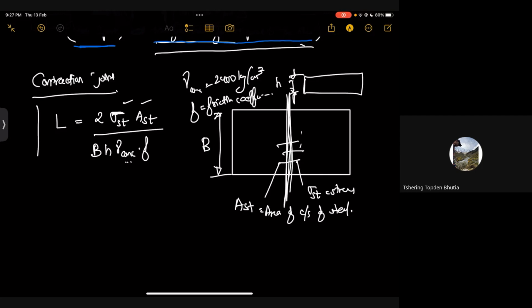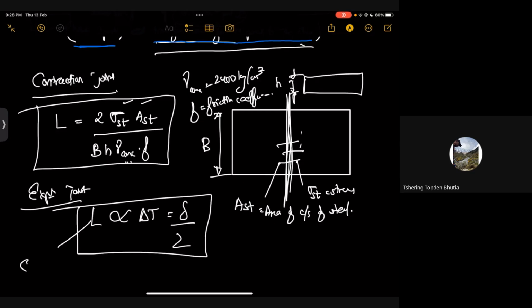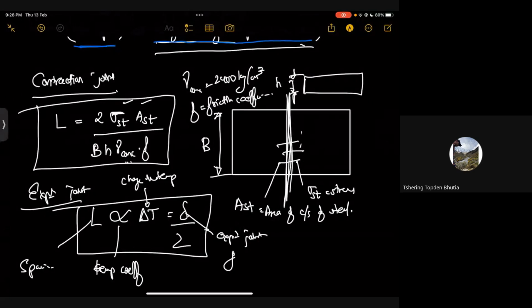So this is the formula for the contraction joint, and the formula for the expansion joint is L alpha delta t is equal to delta by 2, where L is the spacing, alpha is the temperature coefficient, delta t is the change in temperature, and delta is the expansion joint gap.